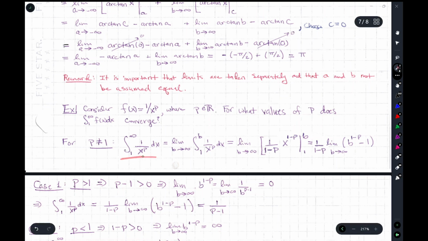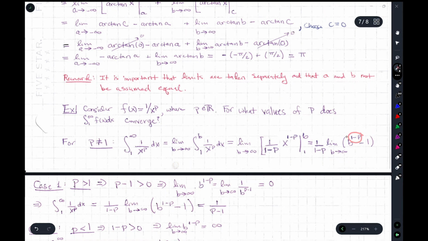So we're going to look at integrating this from 1 to infinity. If p does not equal 1, because of course the integral of 1 over x is natural log of x, then you get this general form. Now this is the general form as long as p is not equal to 1.